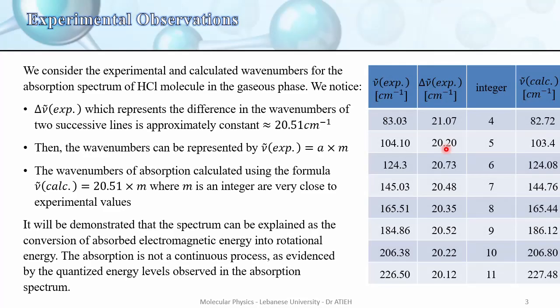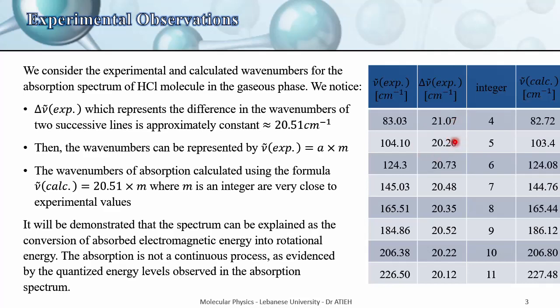Not only that, but there's something quite interesting. If we try to calculate delta nu bar, or the difference in the wave numbers of two successive lines, for example, the difference between the first and the second, subtracting 104.10 minus 83.03, you will get this number. Then subtract 124.3 minus 104.10, you will get this number.